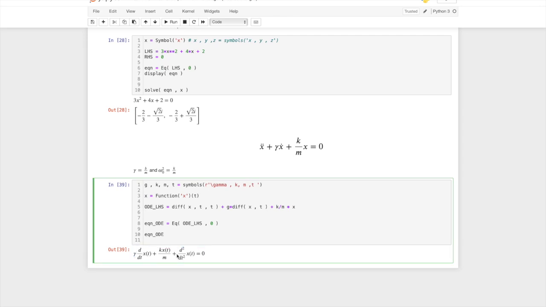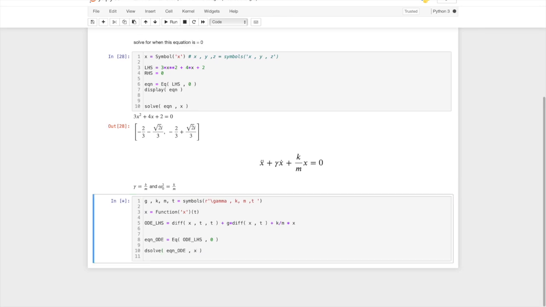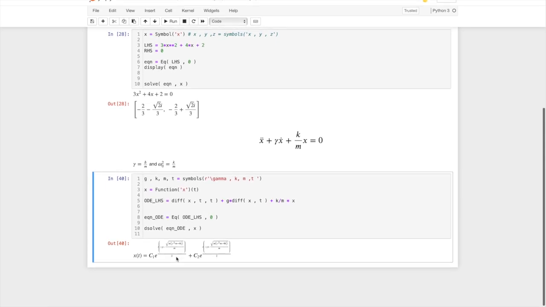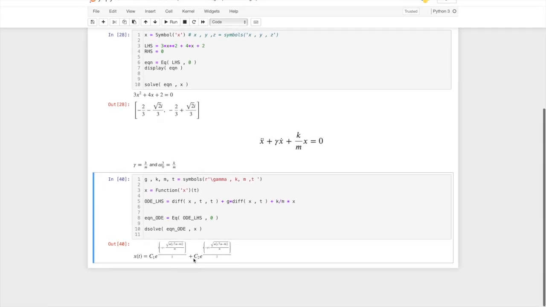So now we're going to use solve, and we need to use dsolve, which is differential equation solve. We want to solve for x. All right. So we see we get a dampening, a falling off, and we get the imaginary part.